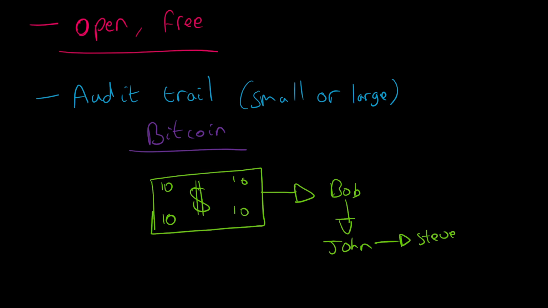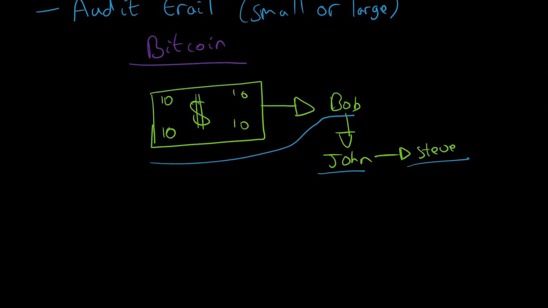We can't really see that happening. We don't know that that is happening. Whereas with blockchain, you can see the exact audit trail. You'll be able to see it going from Bob to John to Steve, how long they've been keeping it, because you'll have timestamps as well. Obviously, you generally can't break down a note into a smaller denomination.